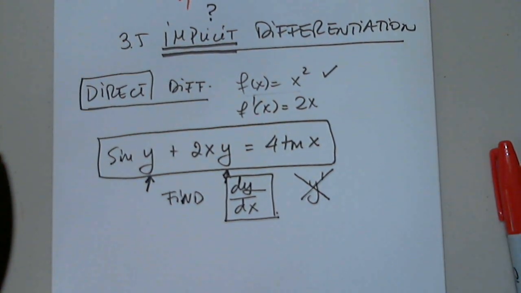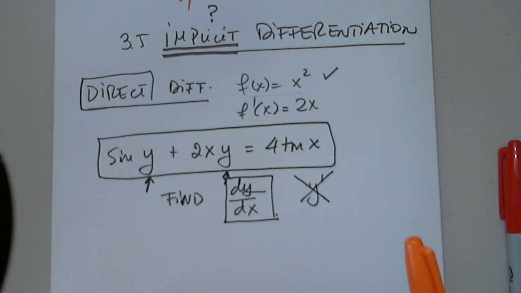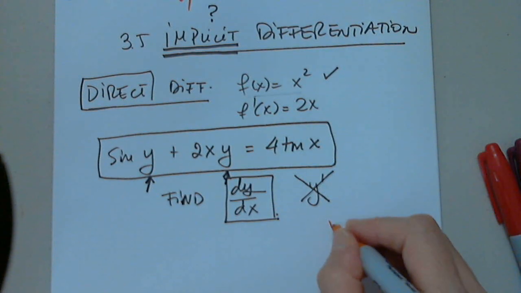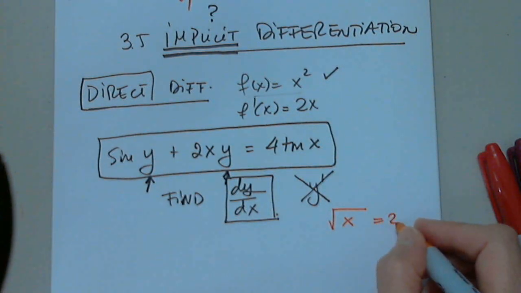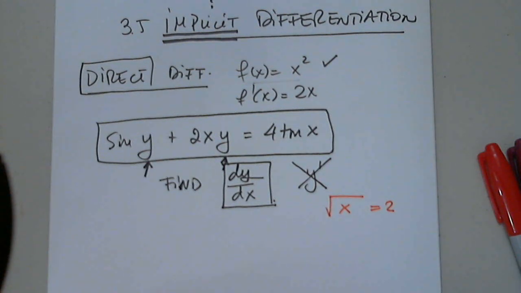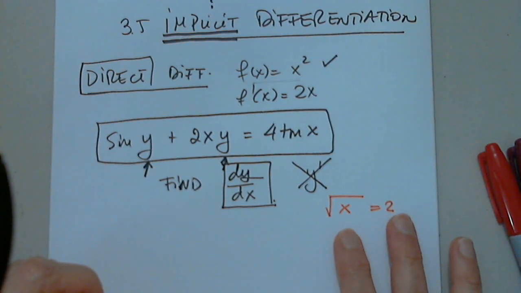Okay, here's a concept that we have to review and connect to other concepts from before. If I want to solve the equation, the square root of x equals 2, what method do I use? How do I solve this? Square both sides?